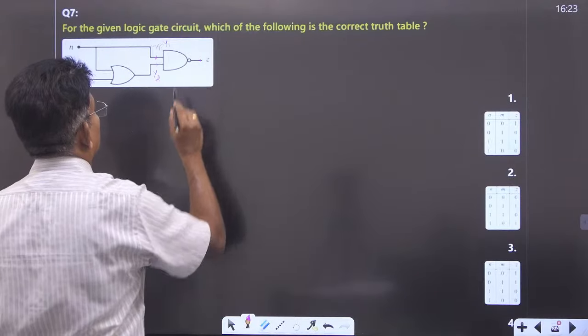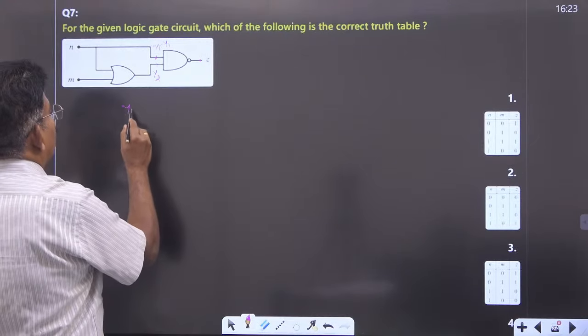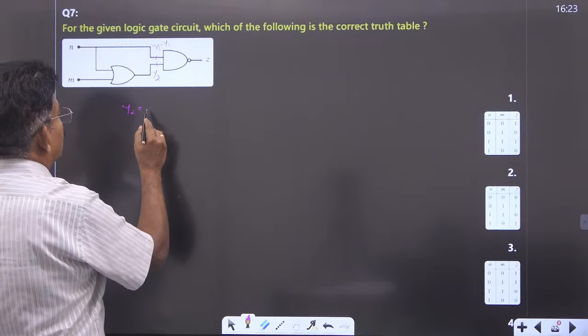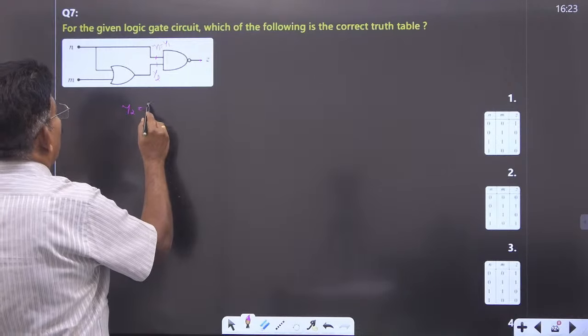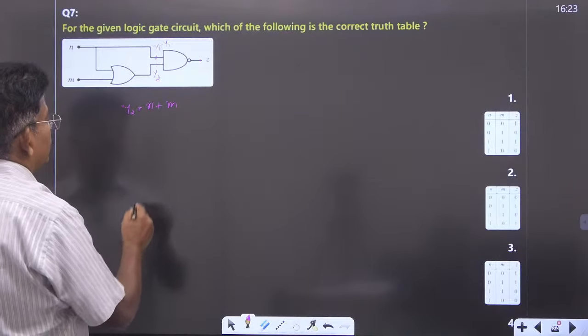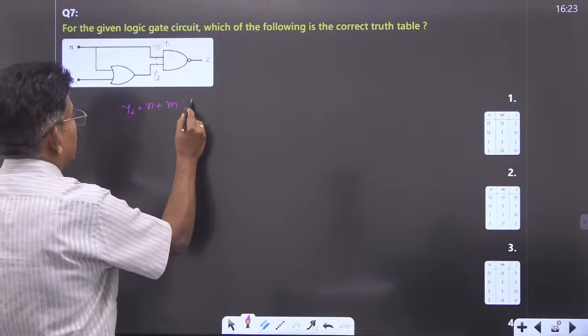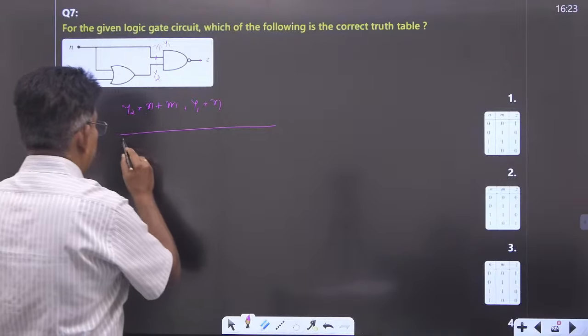This is set. Okay. Tell me, what about Y2? Y2 is what? N or M. Y1 is N itself. Now we can try the options as given in the book.